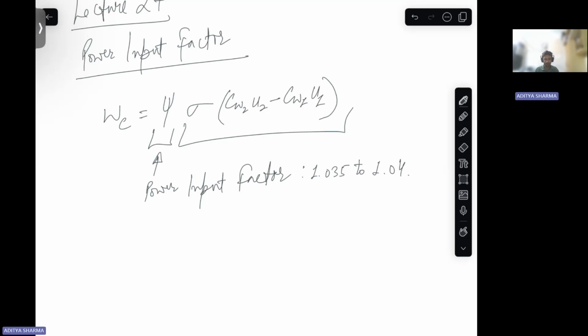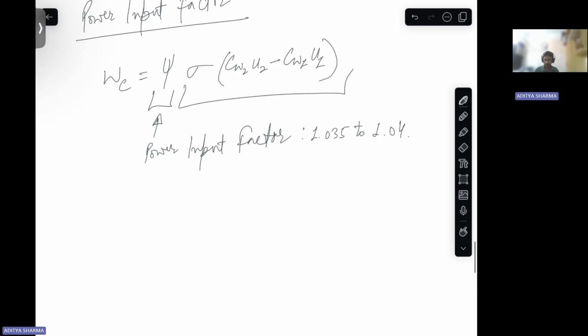Then from here, what has been done is you have got the temperature change across your compressor. That is T03 minus T01 you have calculated.